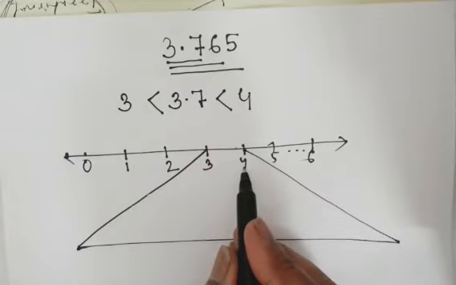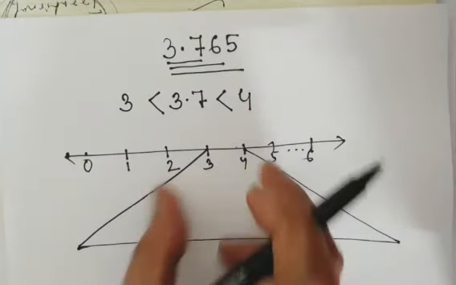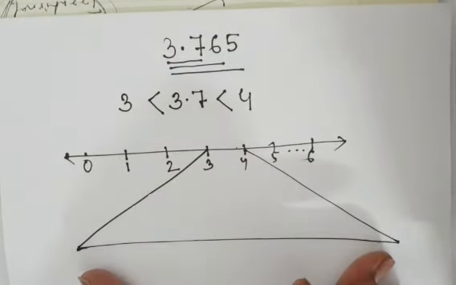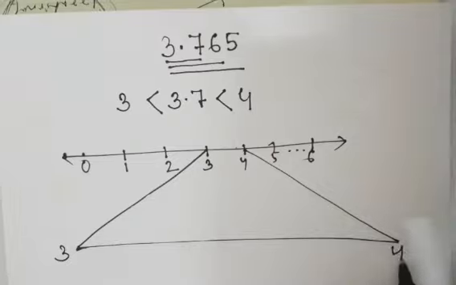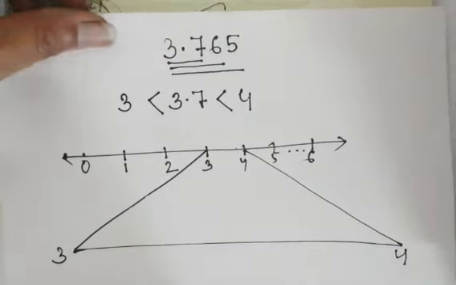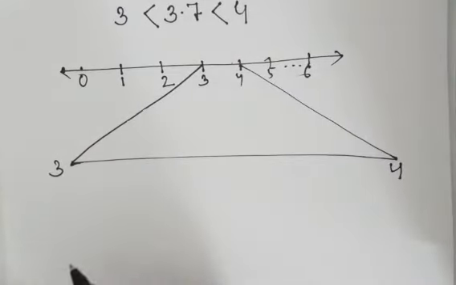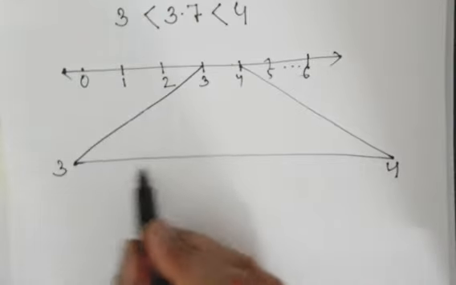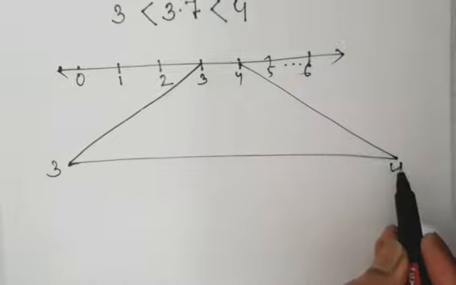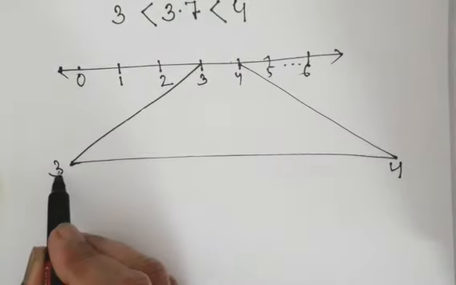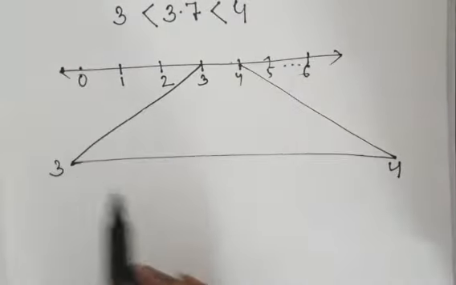Let me show it in a bigger form. These 3 to 4, this 1 unit length, we have taken in magnified form. So this is 3 and this is 4. This length is 1 unit length, since 4 minus 3 is 1.